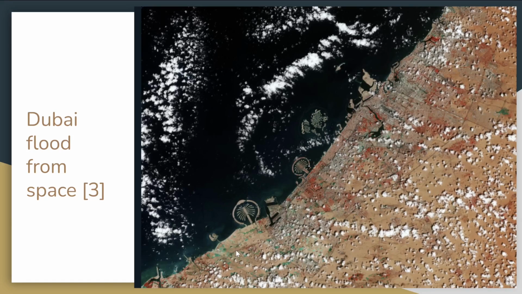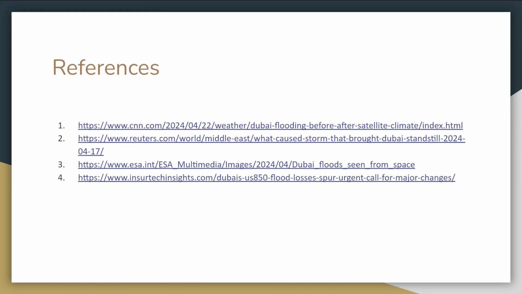So these are the flood imagery from the Copernicus dataset, and these are the few references which I used in the previous slides. So let me get back to the flood mapping and flood analysis section.